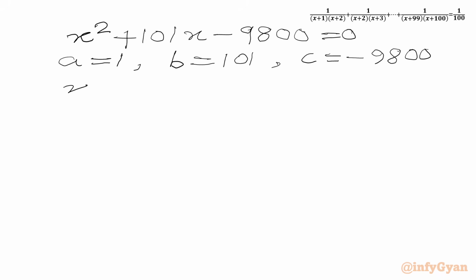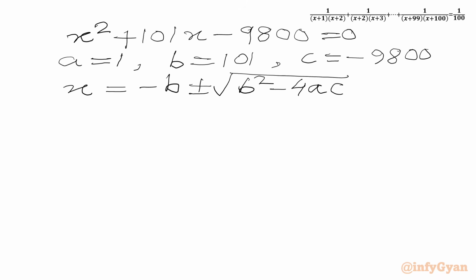Now we are going to use this formula x equal to minus b plus minus square root of b square minus 4 times a times c over 2 times a. Now we have to plug in all the values of a, b and c. So we are going to put b 101. So in the numerator, we'll write minus 101.